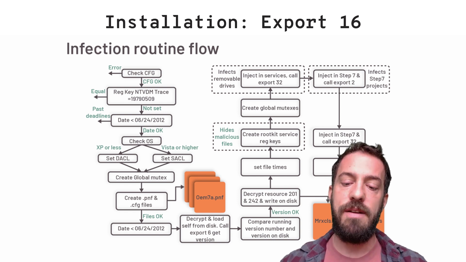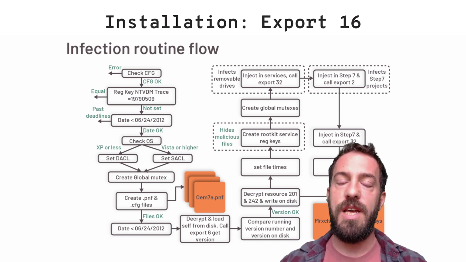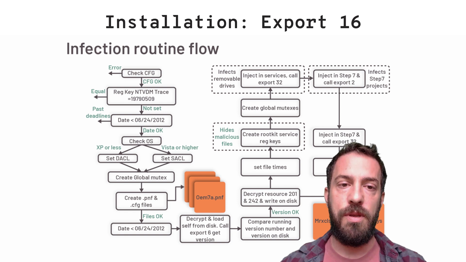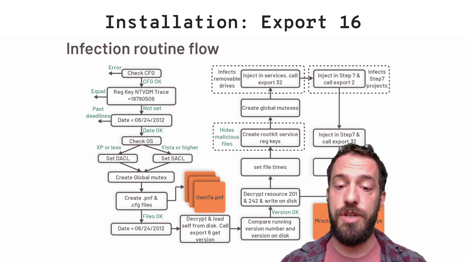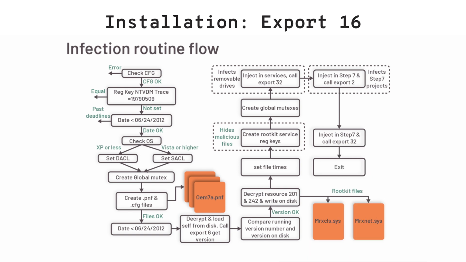Whenever it was infecting a new computer, it checked whether Stuxnet was already on the new computer, and which version was newer. Given the version number, it would proceed to update to one or the other. After the versioning check went through, it would also extract two other files. These are not related to the PLC, but are driver files.